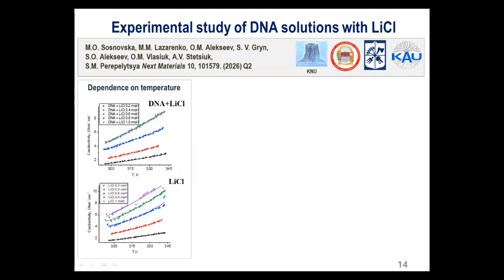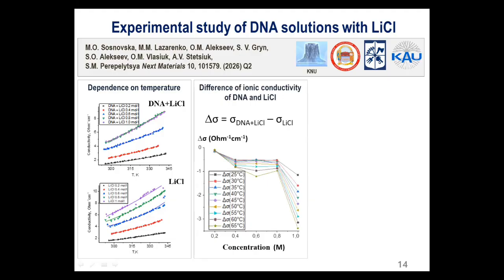This is actually a rather simple problem. I mean, a simple idea, but in fact, we obtained a rather interesting result, which shows us that the difference between the conductivity of DNA with lithium and just lithium without DNA is not monotonic.